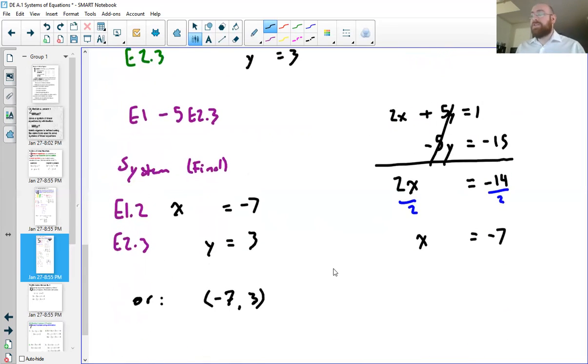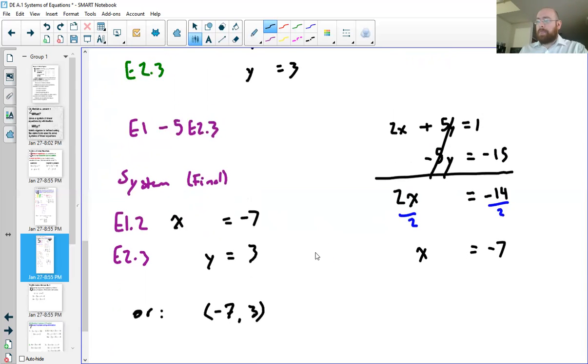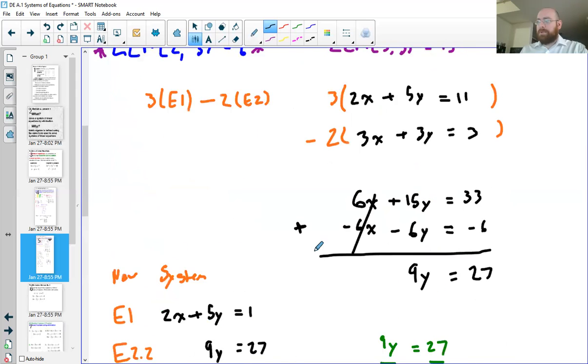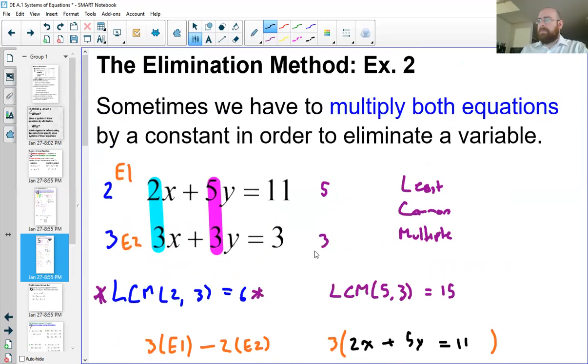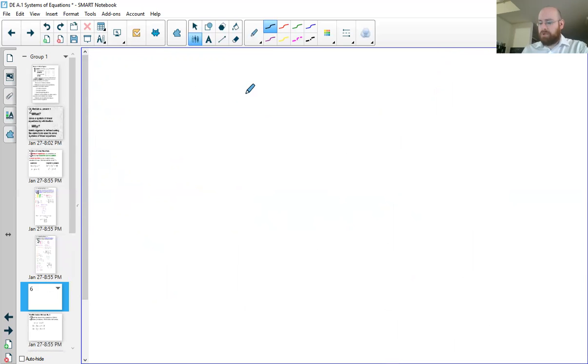All of these are small skills that we are combining into a larger toolbox that allows us to solve these systems. I will do one more example, but to wrap up this video, I want to add a little bit about least common multiples, because that is an important topic.